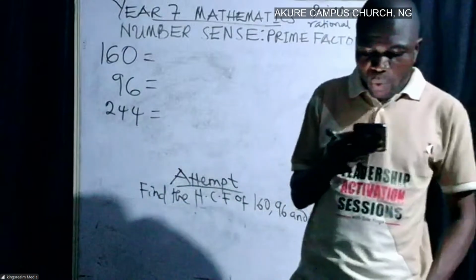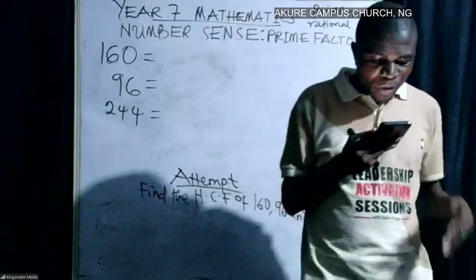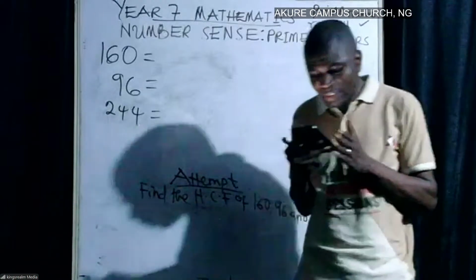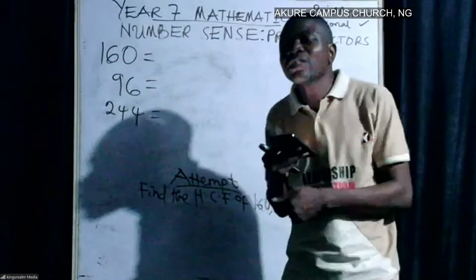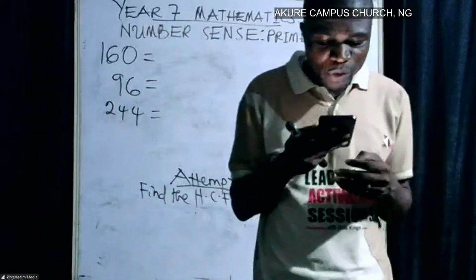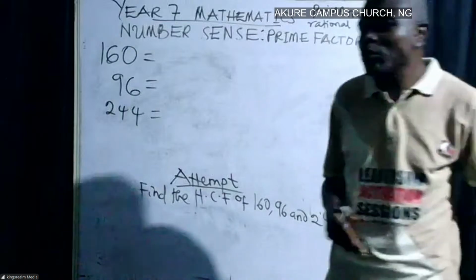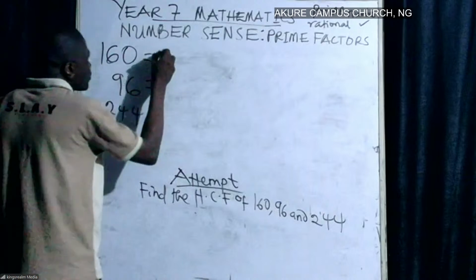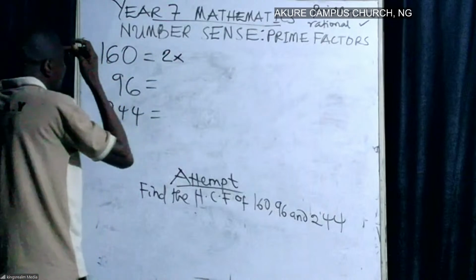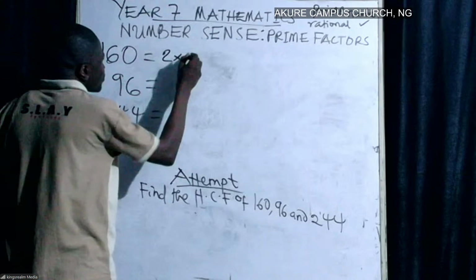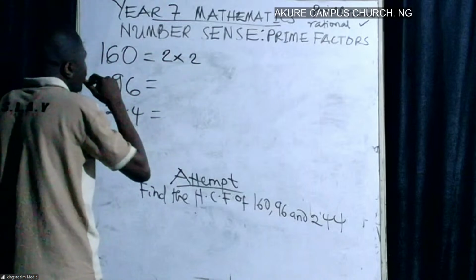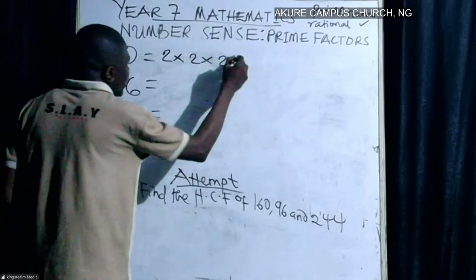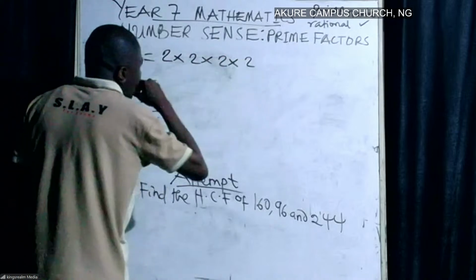David, where you missed this is this. 2 is common not only once, but twice in all the three numbers. So your HCF is supposed to be 4, 2 times 2, not just 2 alone. So let's break this down. 2 in 160 gives us 80. 2 in 80 gives us 40. 2 in 40 gives us 20. 2 in 20 gives us 10.